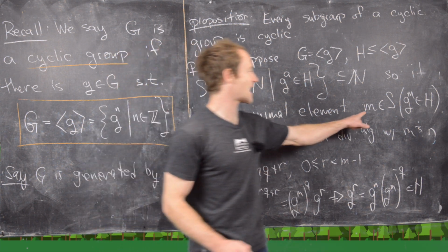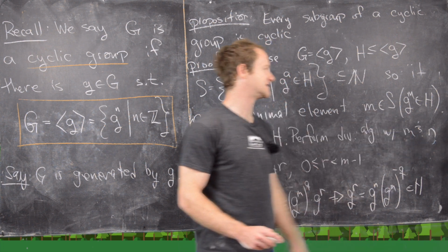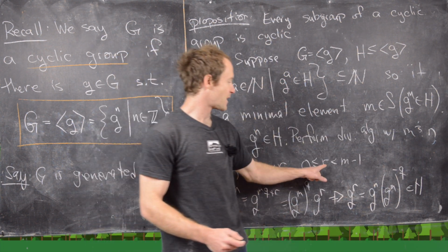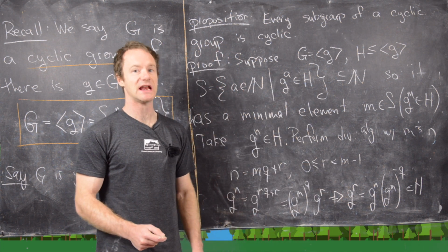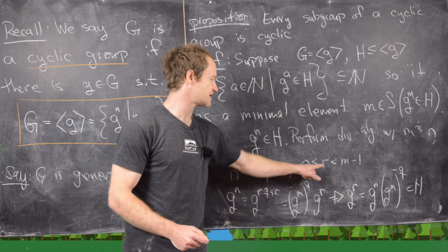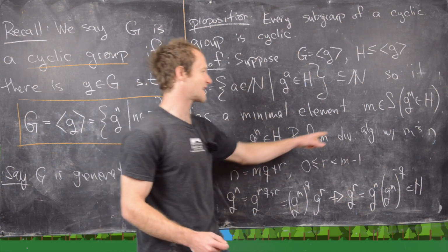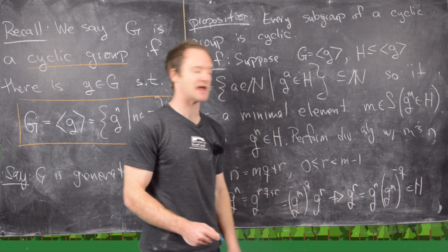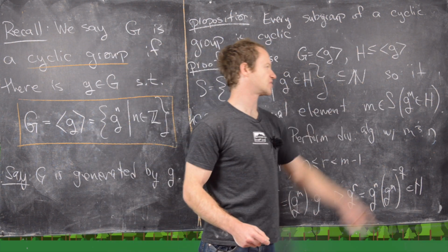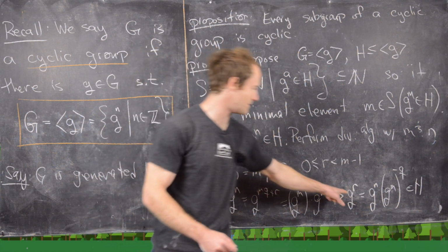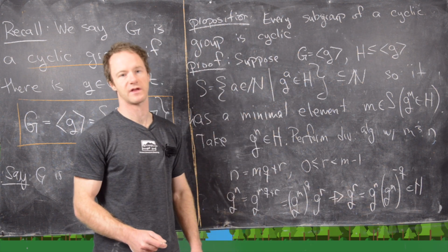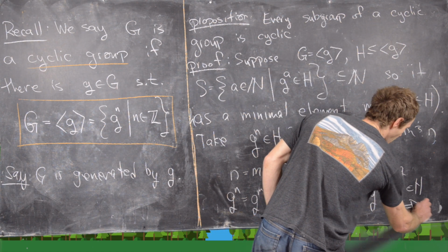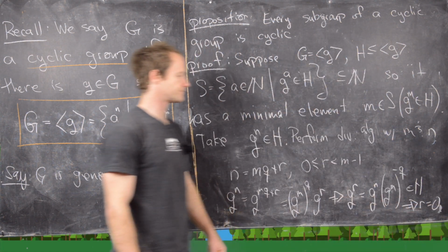But we know that this element m from S is the smallest such that g to the m is in H. So that means r is not allowed to be anything except for 0. Because notice if r is equal to 1, that's going to contradict the minimality of m. If r is equal to anything up to m minus 1, that's going to contradict the minimality of m, because that means that g to some power smaller than m would be in H. So the only thing left is that r equals 0.